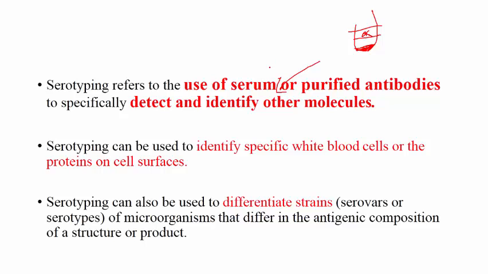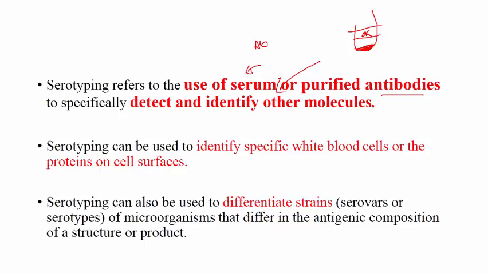This serum contains antibodies generated against antigens present in the body. Either you can use the serum, or you can purify the antibodies, and those antibodies can be tested for a particular antigen-antibody reaction.